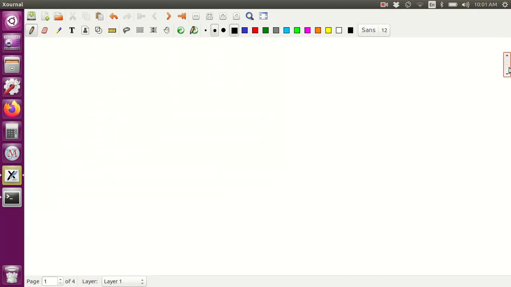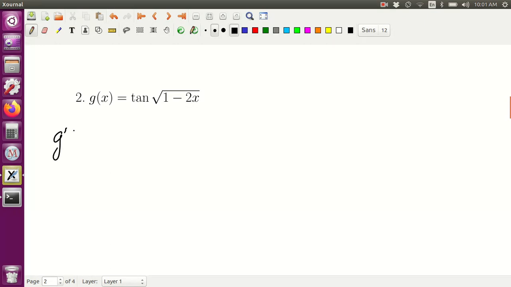The next derivative that we're going to do is the derivative of tangent of the square root of 1 minus 2x. We want to calculate the derivative of g, which is the derivative of tangent of the square root of 1 minus 2x. If we were to plug in a value for x, we would multiply it by 2, subtract it from 1, take a square root, and then take a tangent.